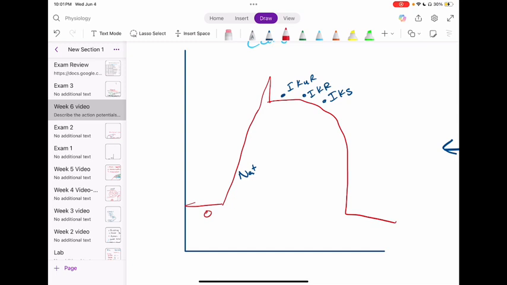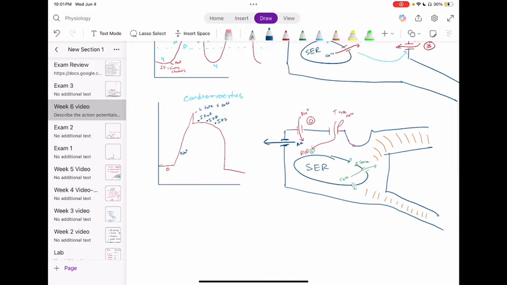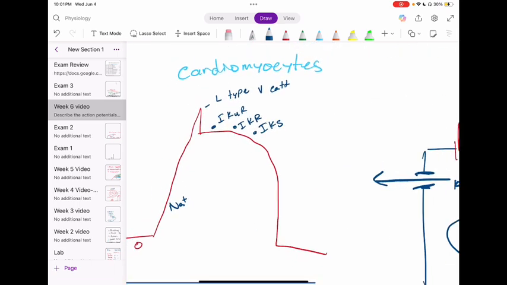And right here, this is where that L-type voltage gated calcium channel comes in. And here, it starts going down.